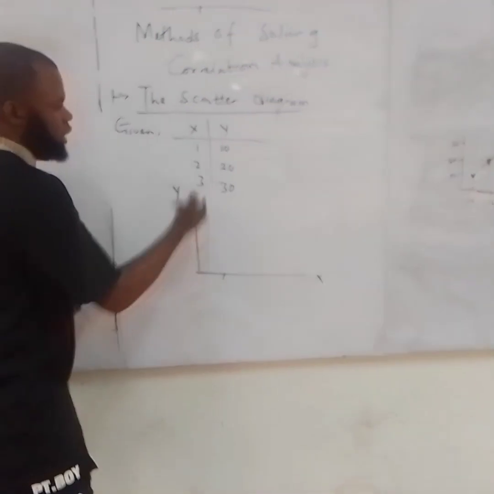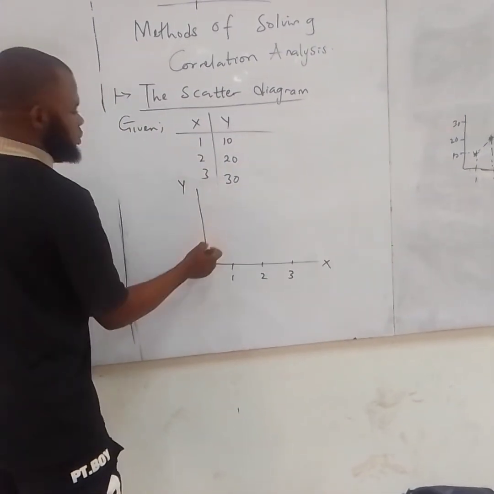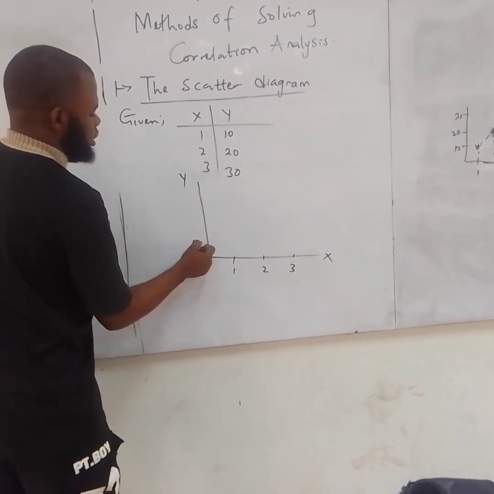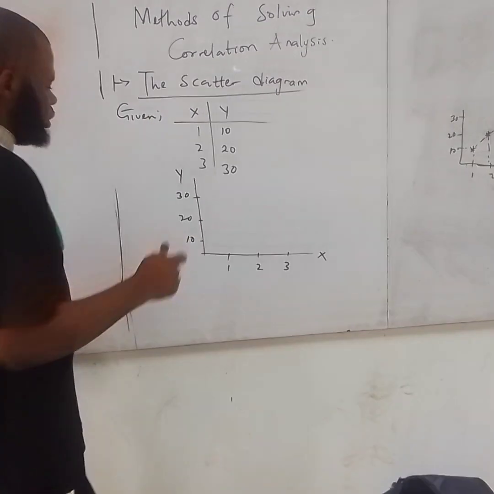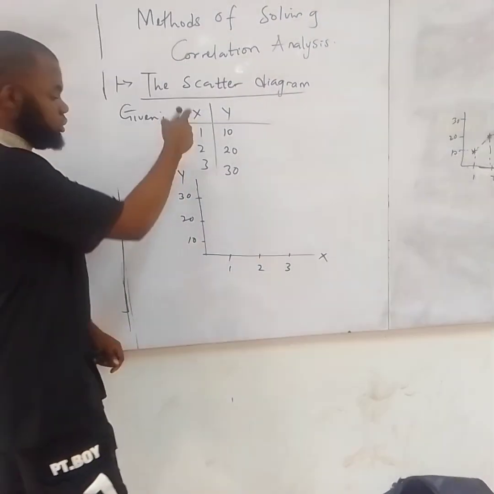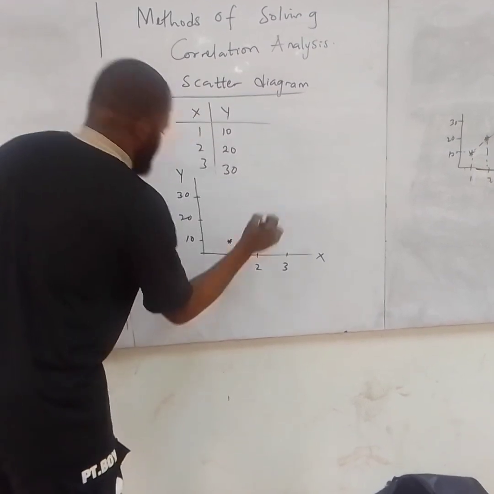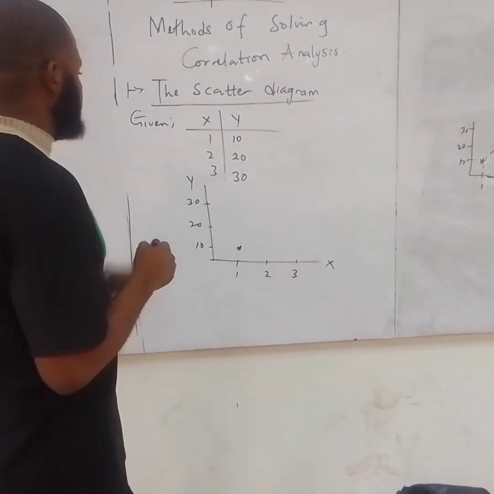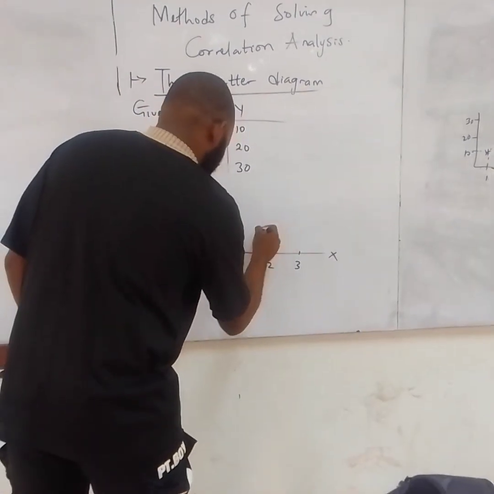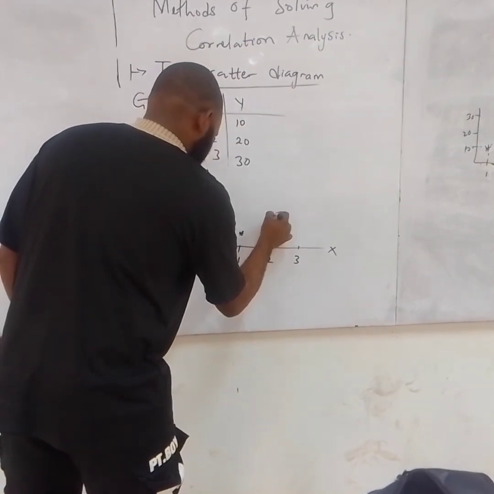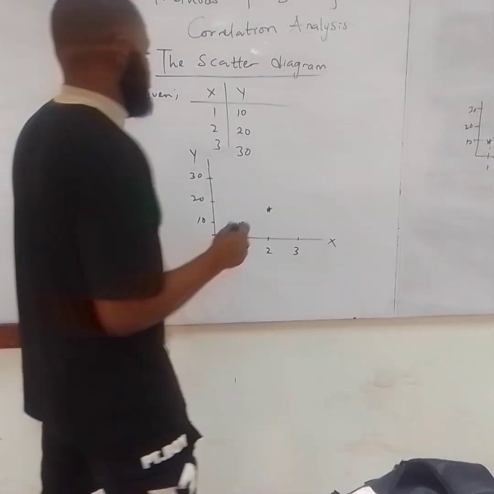When x equals 1, y is 10. When x equals 2, y is 20. When x equals 3, y is 30.